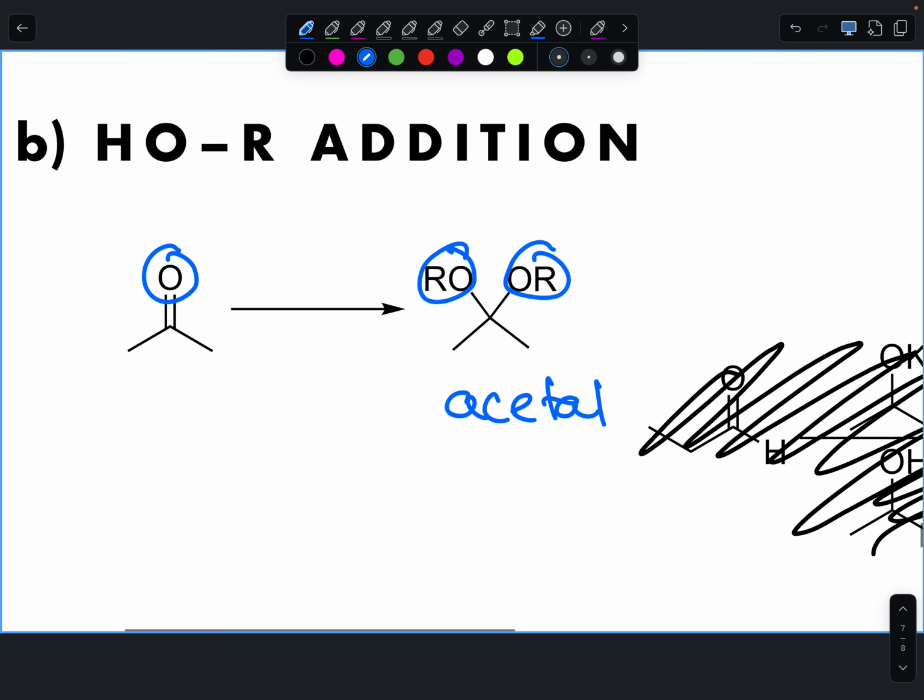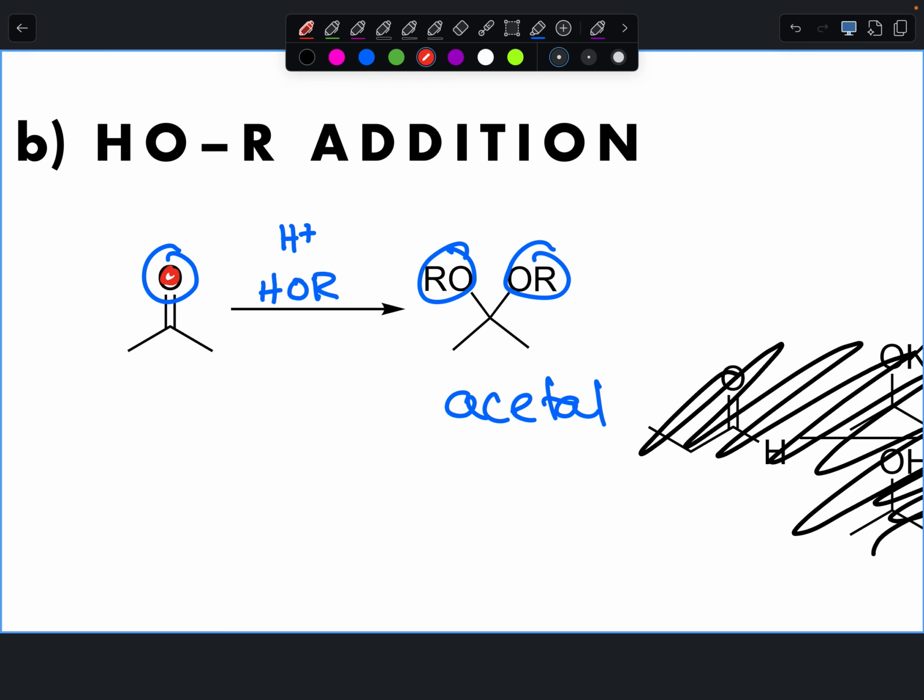And we will incorporate one of the alcohol groups into our product. Good? You may have drawn it slightly differently, that's fine. But the main thing is you have two OR groups under acidic condition and one OR group and one OH group under basic conditions. Sweet. Good?